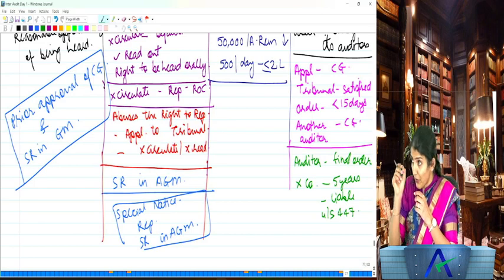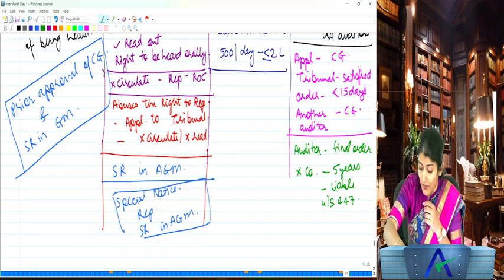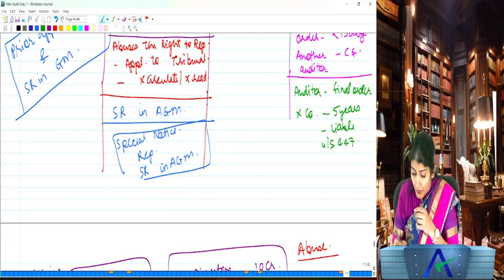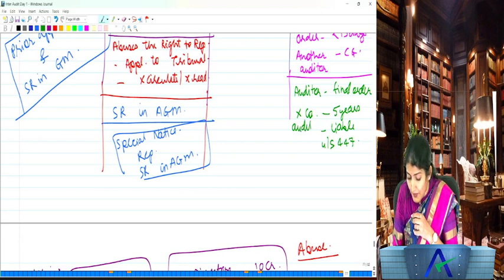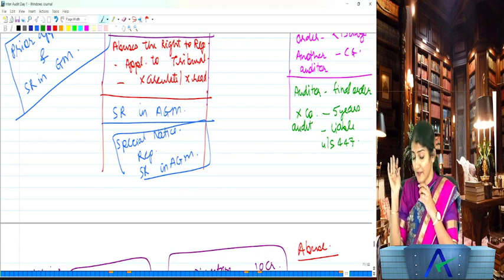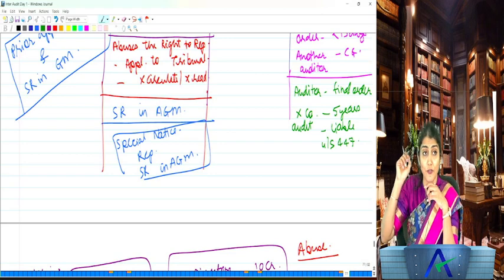So no company audit for 5 years, and liable under section 447.